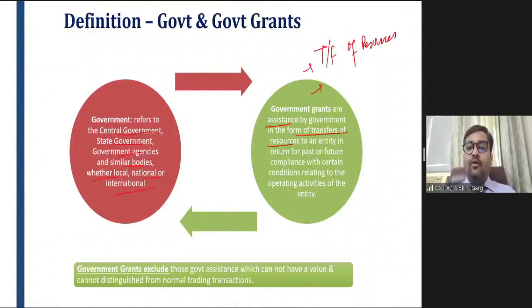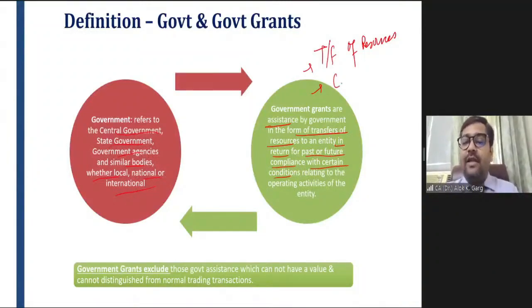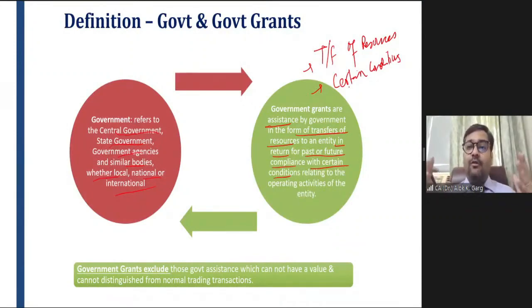But why will government transfer resources to one entity and not to everyone? In return for past or future compliance with certain conditions. The entity has to fulfill certain conditions. For example, if the hospital treats all the COVID patients, whatever expenses are there have to be borne by the government.